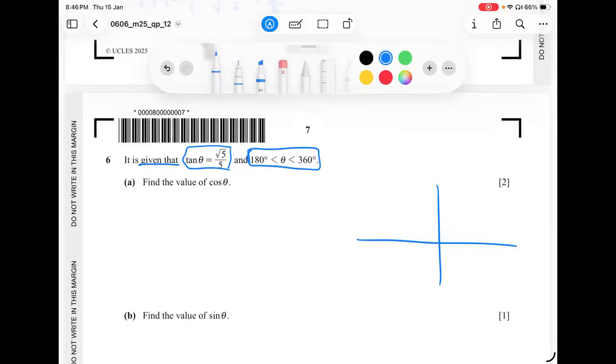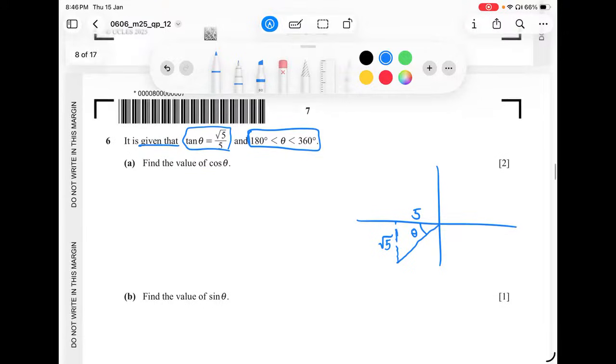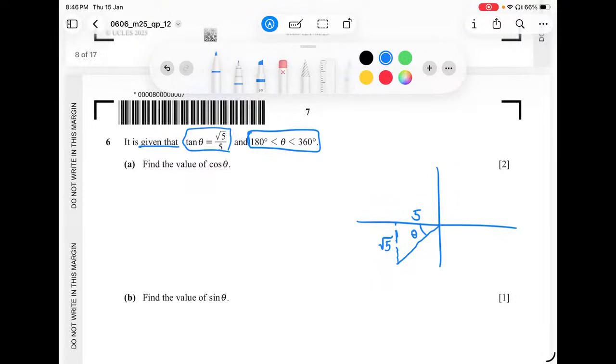So let's just say it's somewhere here. You draw the axis and this is your theta. Tan theta is opposite over adjacent, so the opposite should be root 5 and the adjacent should be 5. And now they are asking you to find cos theta.